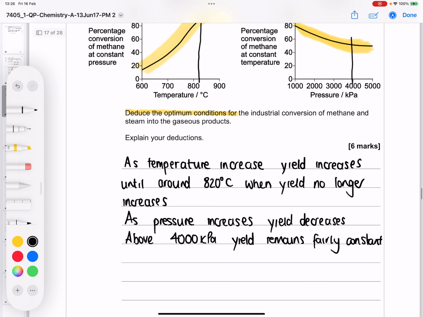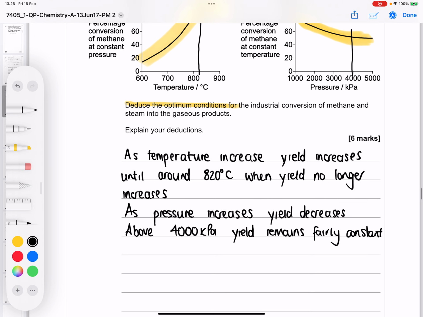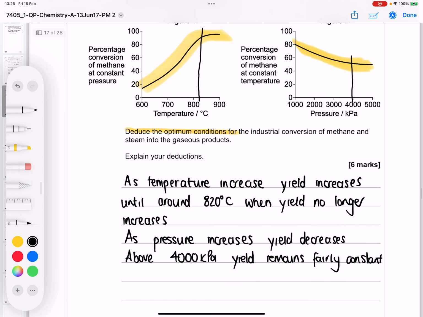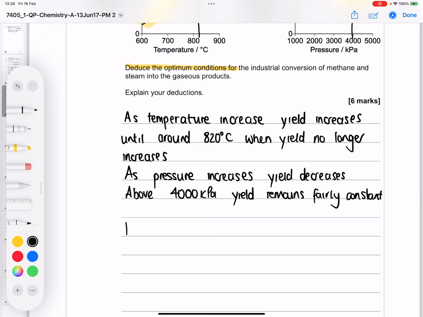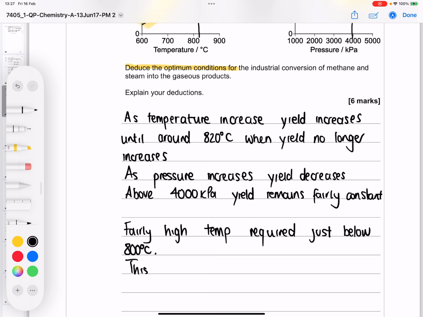So what would be our optimum temperature? Looking at that graph, we want a fairly high temperature, but probably below 800 degrees C. So, fairly high temperature required, just below 800 degrees C. This gives optimum yield from the graph.